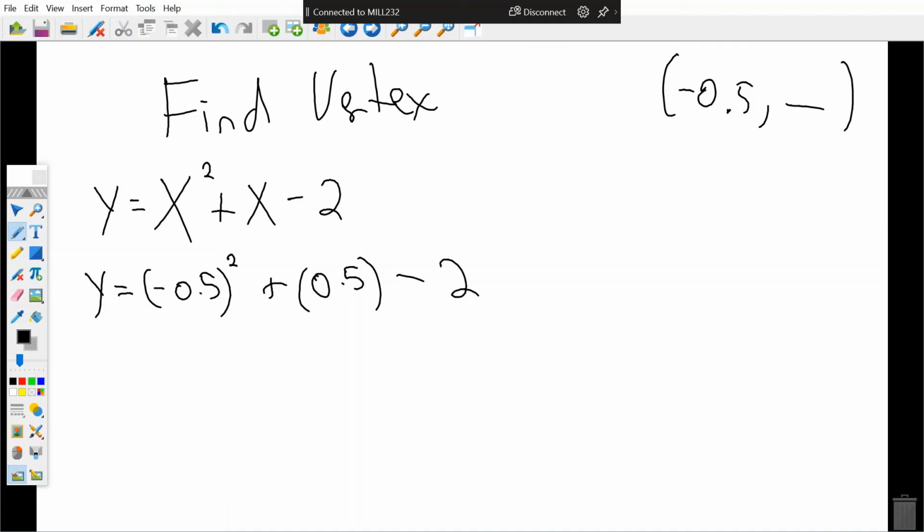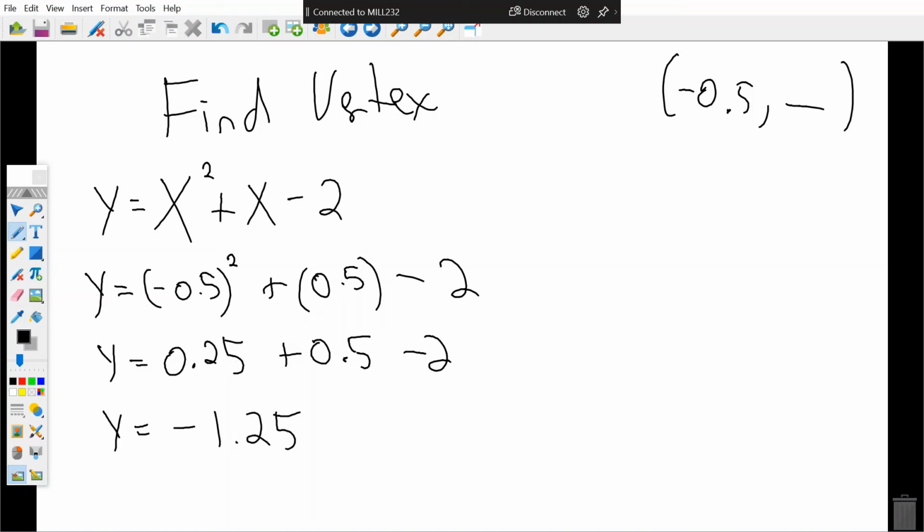So negative 0.5 squared would be positive 0.25 plus 0.5 minus 2. So 0.25 plus 0.5 minus 2. Y equals negative 1.25.